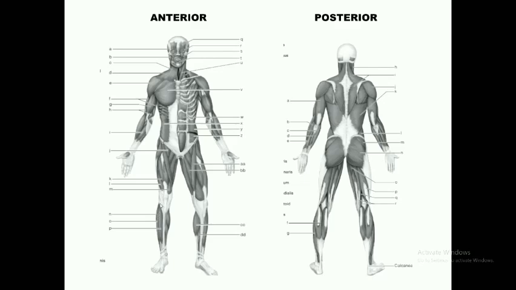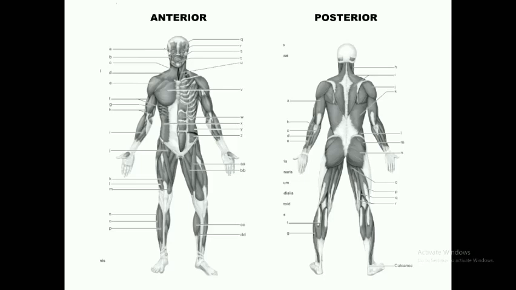Next, iliopsoas. So number 23, iliopsoas is located here, and this is our iliopsoas. So 23, answer is J. Next, 24, temporalis. So temporalis is located here in our head area.